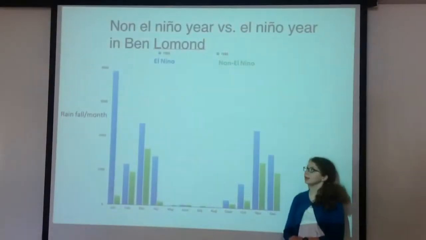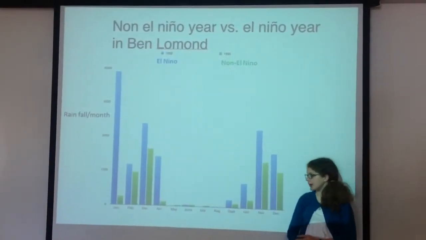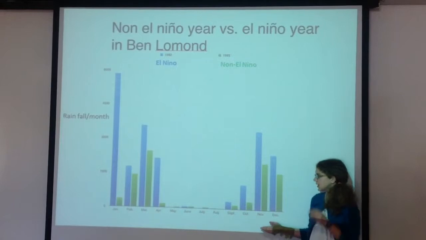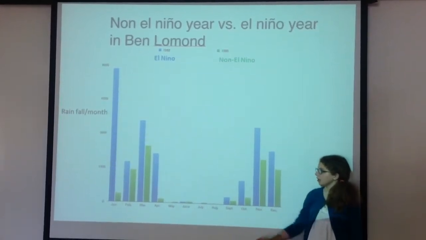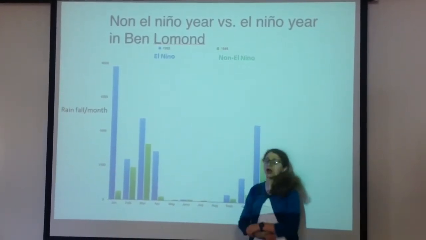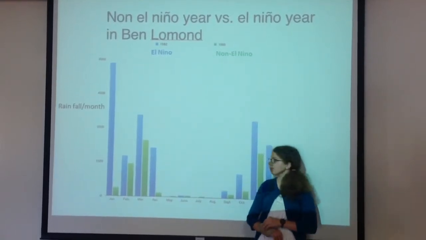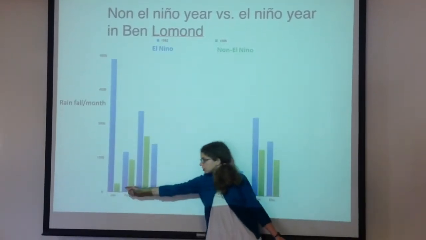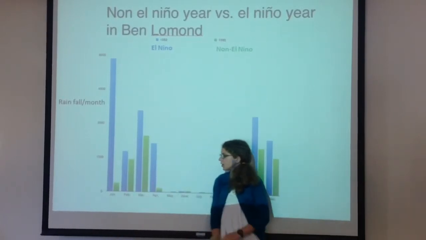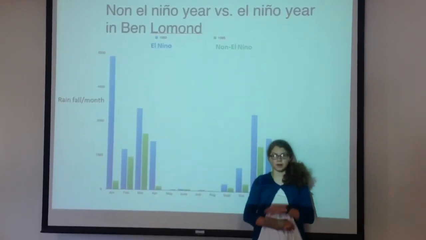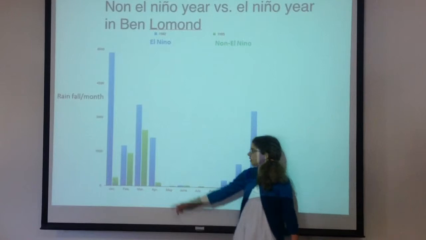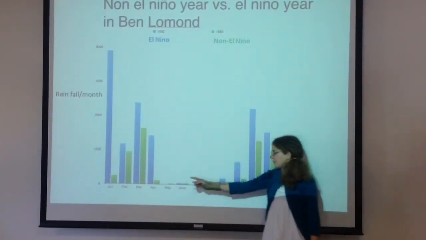For example, in Ben Lomond, California, here you can see the difference. In January during an El Niño year, the rainfall becomes a massive problem compared to the normal January year where it's very little. And there's differences like these every year.